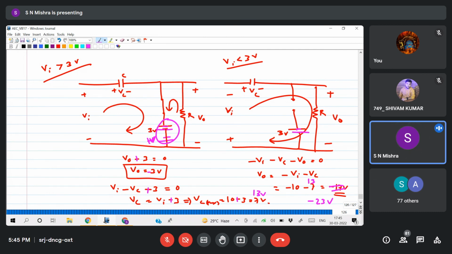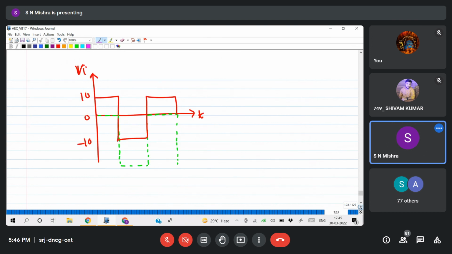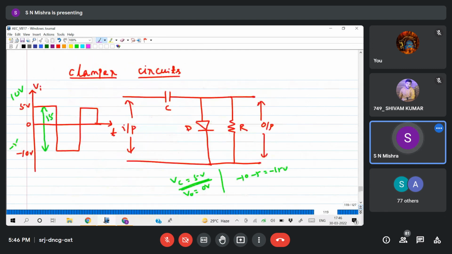This is the procedure. Okay, and tomorrow, in the next class, we'll take the other type of clamper. This one is shifting downward, that one will shift upward. You can also practice that one by taking just a simple change: you orient the diode like this.